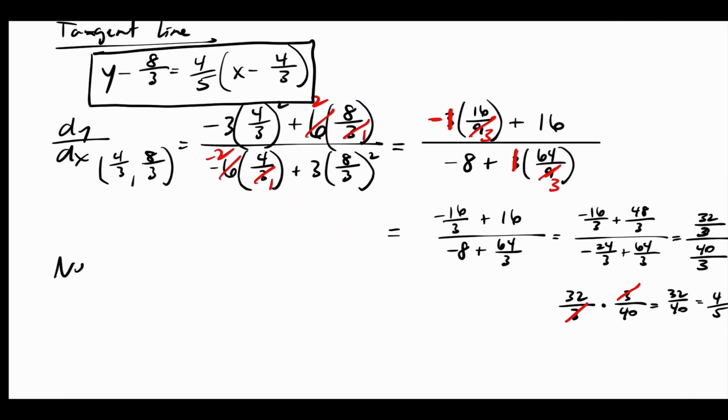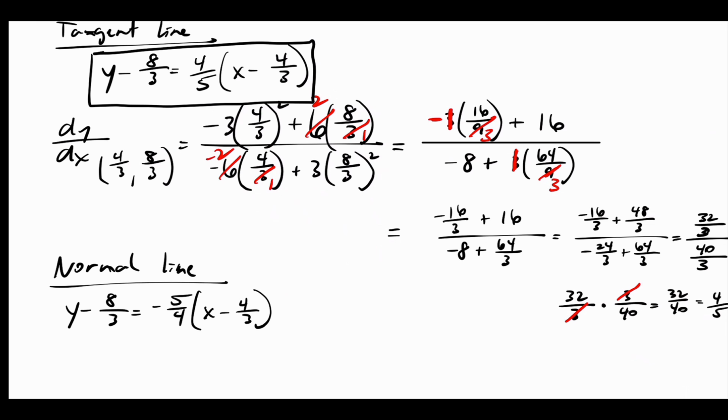The normal line is going to have the same point. The slope is going to be the opposite reciprocal. That's it.